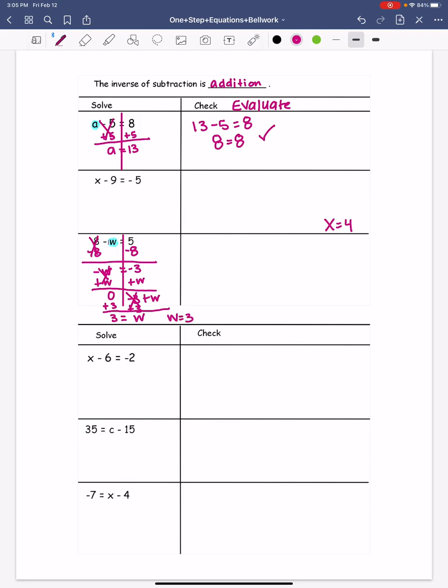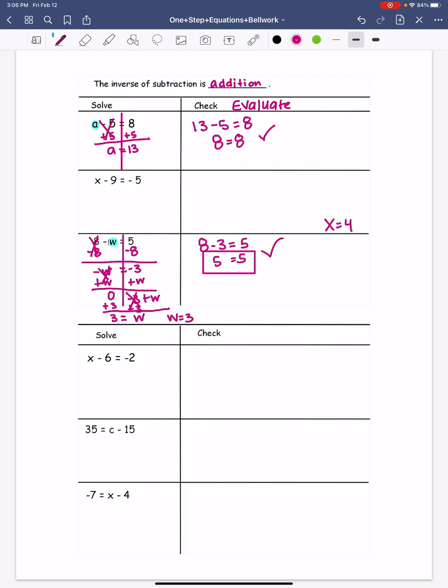If we need to check our work by evaluating now, we're going to plug that 3 in for W, so we'll have 8 minus 3 equals 5. Well, 8 minus 3 does equal 5. So we were correct. Now, all we had to do is that extra step to make sure W was positive.